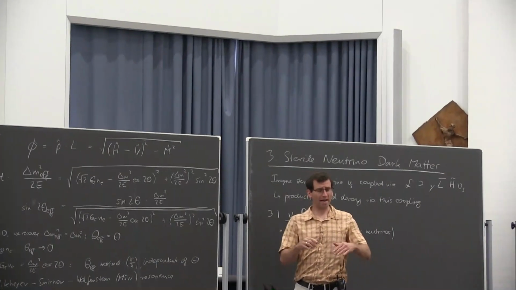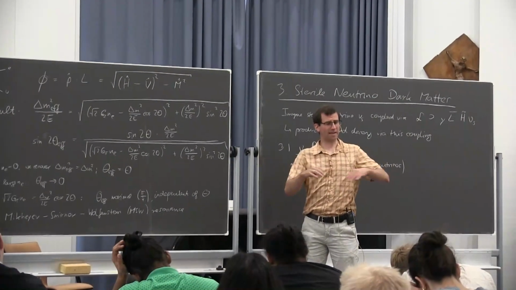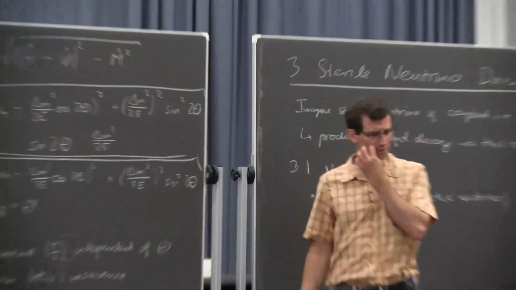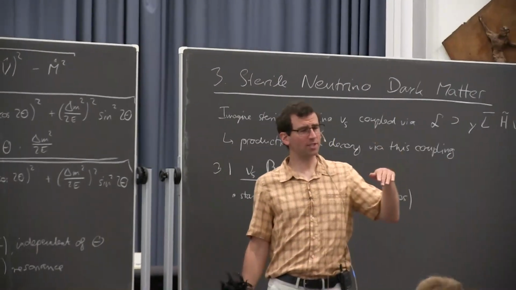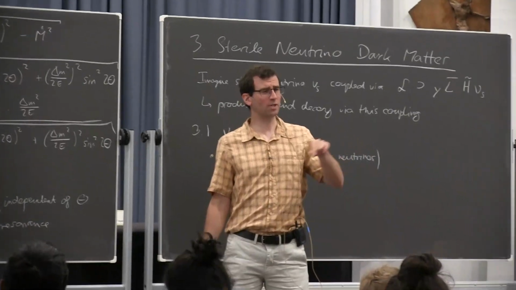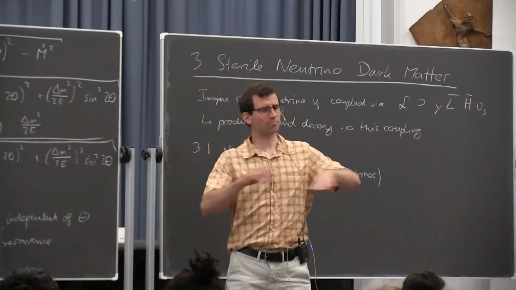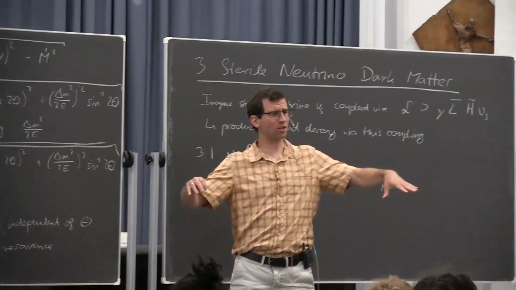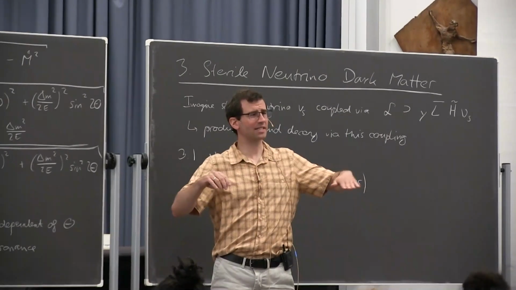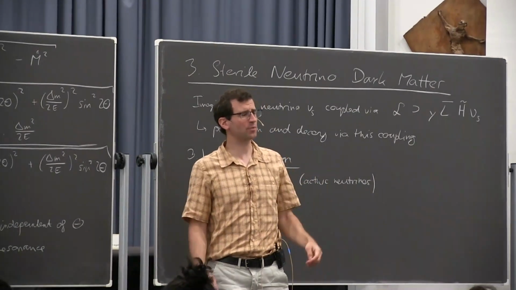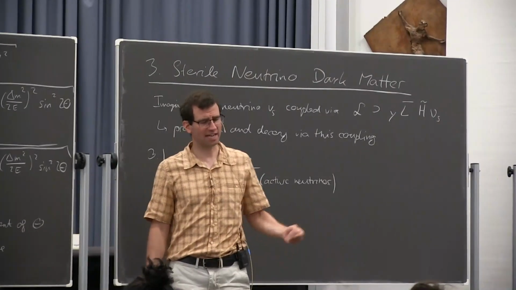So after a while, you have produced a small abundance of sterile neutrinos. The oscillation amplitude, as you know, is sine squared 2 theta, and because we need to average over those oscillations, the abundance of sterile neutrinos that has been produced after a while is 1/2 sine squared 2 theta.